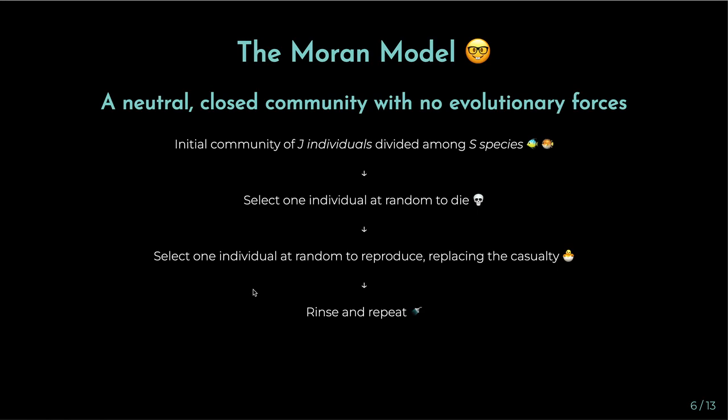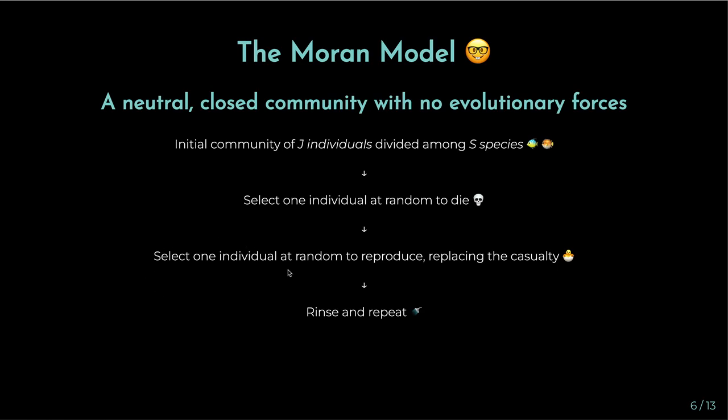So the neutral here suggests that we have no selection going on. All species are equal. The closed means that we have no dispersion for now, and then no evolutionary forces means we don't have any speciation. So it's really just ecological drift that we're concerned with here.